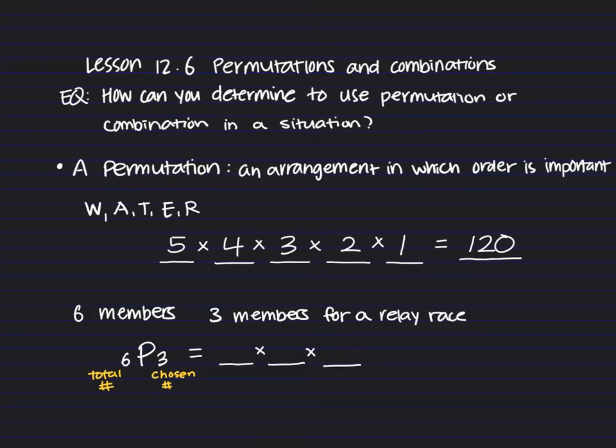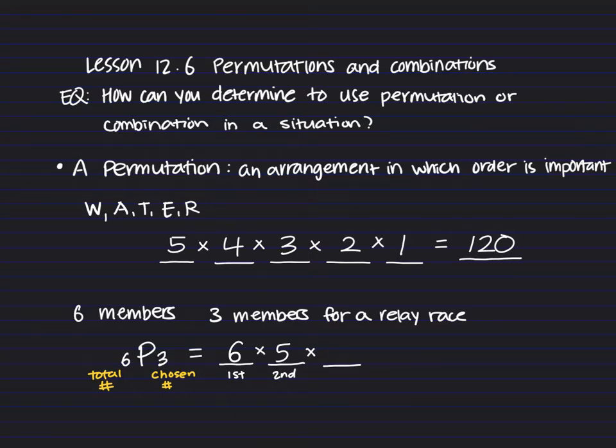What you're going to do for each of these blanks is that for the first blank, you're going to have options of 6 members to choose from. So you're going to have 6 members available to choose from for your first option. And then after you choose the first member, you can have 5 members to choose from for your second option.